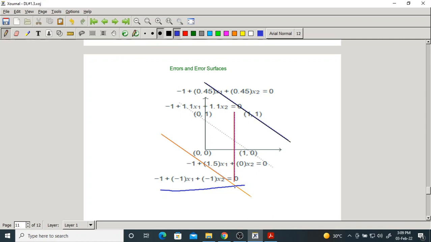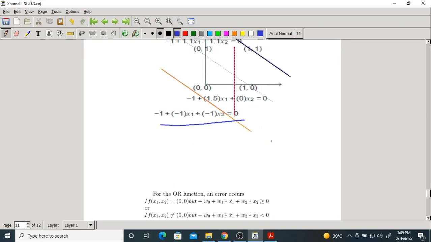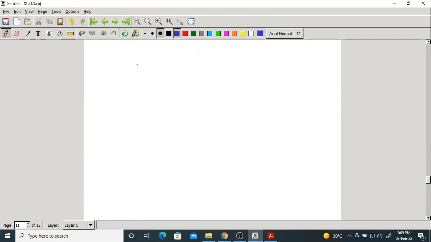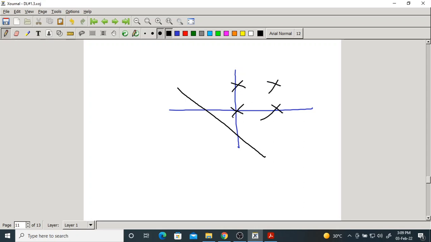So what happened here? All the inputs lie above the line. According to the logic, what should happen if all the inputs lie above the line? All our inputs lie above the line, which means according to the decision rule, all inputs will produce output 1.